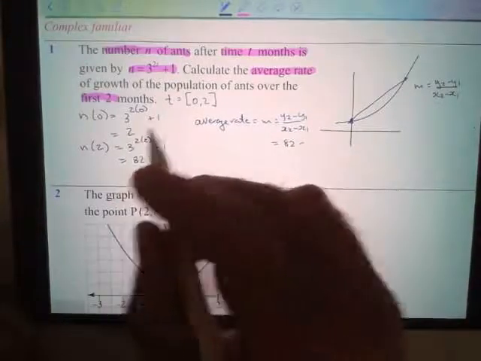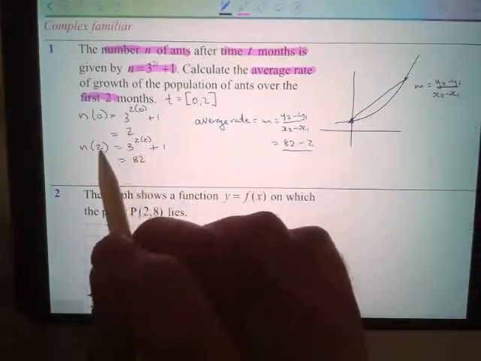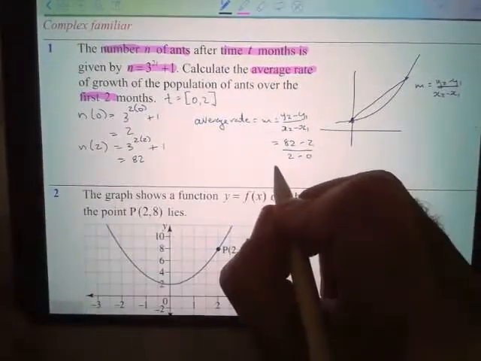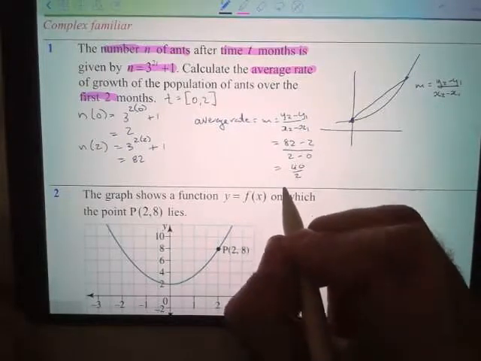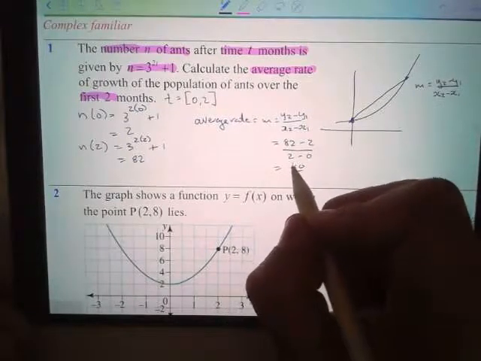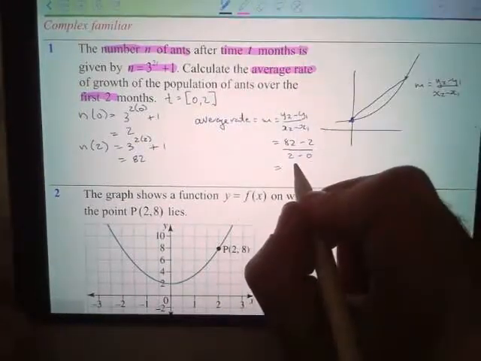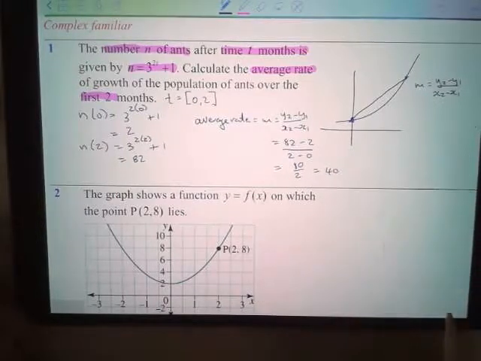Take away y1, which is 2, divide by x2, which is 2, take away x1, which is 0. 82 take away 2 is 80. 80 divided by 2 equals 40.